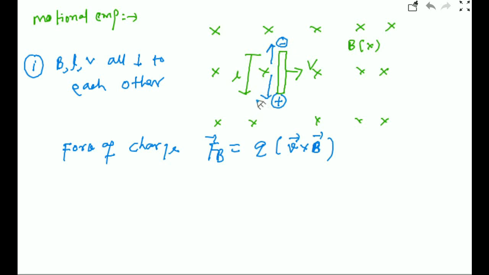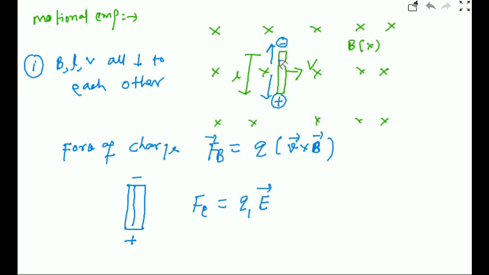Now in the conductor, here you have positive charge and here negative charge. So in between an electric field is produced, and there will be another force, the electric force, Q into the electric field between the positive and negative.